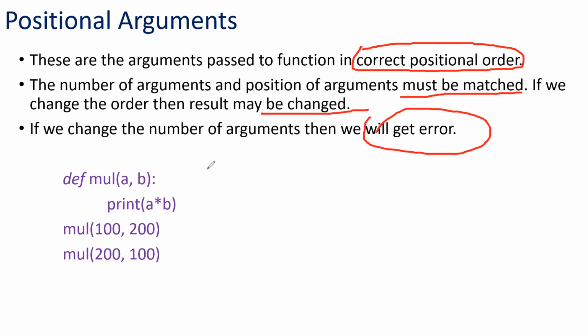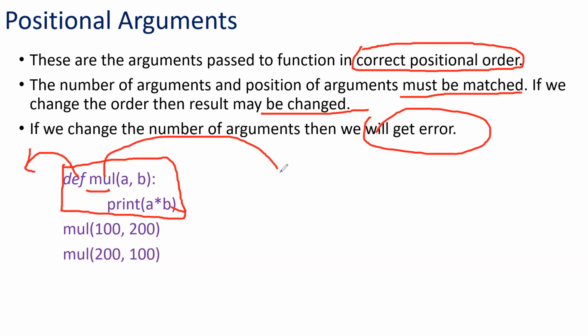Now what I'm going to do is create one function. def is the keyword to create a function, and mul, multiplication, is the function name, and a comma b are the parameters or arguments, the inputs to the function. Now print a star b, that is a multiplied with b.